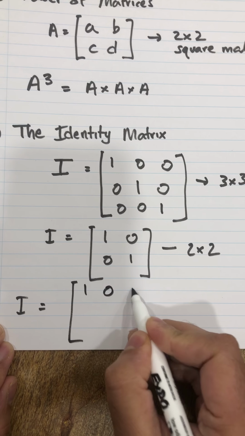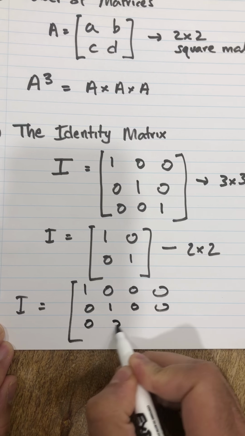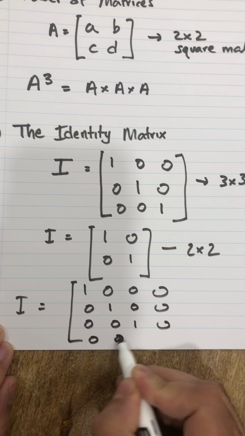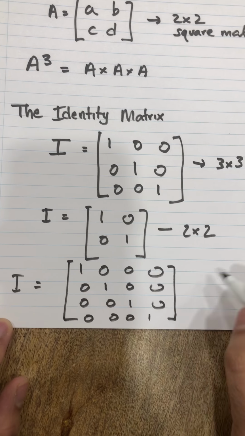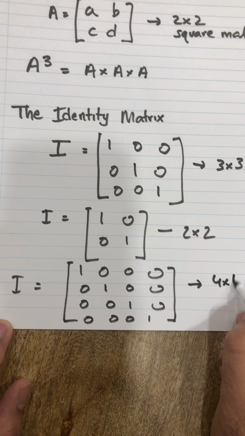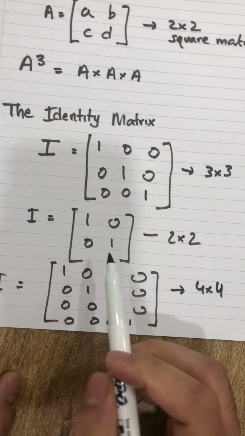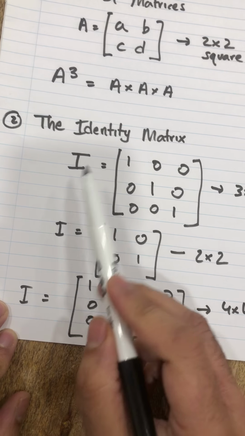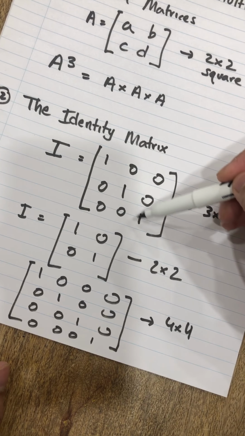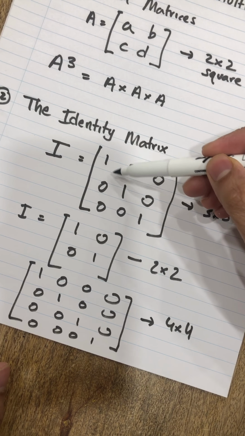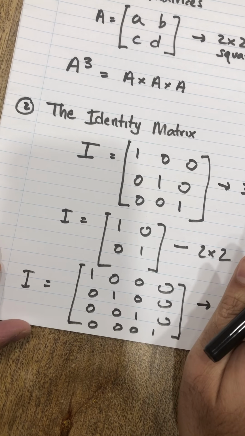Like, let's say 1 0 0 0, 0 1 0 0, 0 0 1 0, 0 0 0 1. This is another identity matrix, in the dimension of 4 into 4 because it has 4 rows and 4 columns. So this identity matrix is a special type of matrix where all the entries in the diagonal are 1, while all the remaining entries are 0.